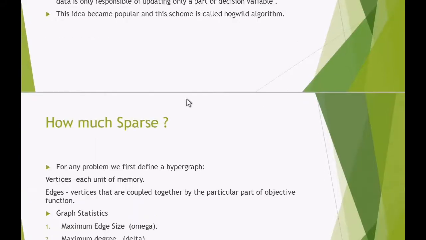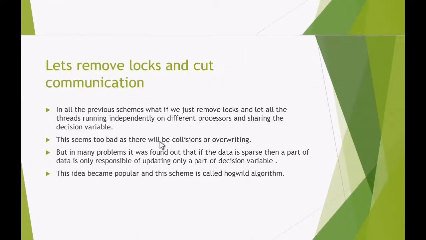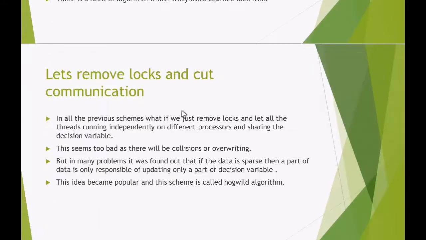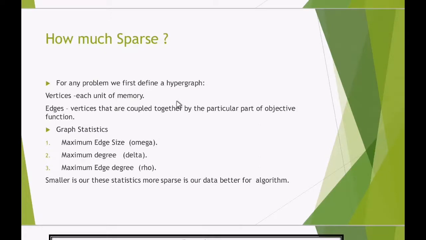So I have explained to you why we need parallelization and what the other algorithms present were and what the problems in them are. But I have defined this notion of sparsity. Now the big question is, how can we quantify sparsity?